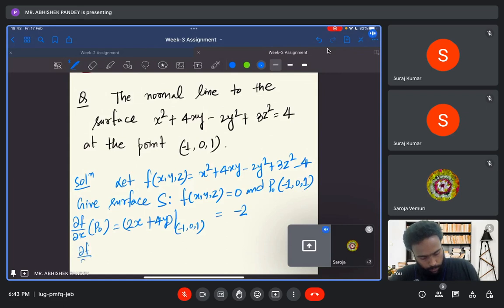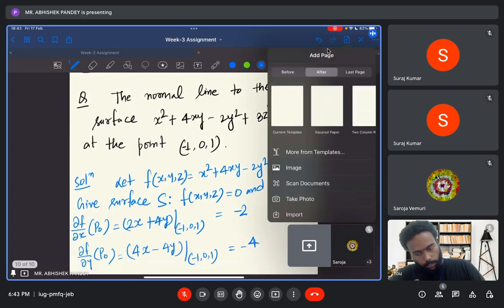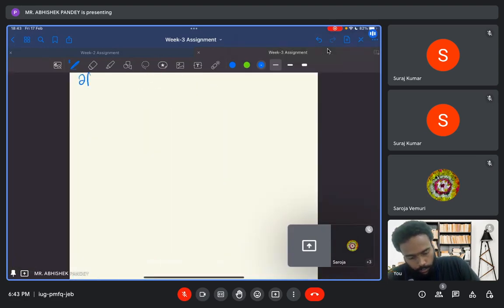Del f by del y at p naught is 4x minus 4y at (-1, 0, 1), which is -4, and del f by del z at p naught is nothing but 6z at (-1, 0, 1), which is 6.